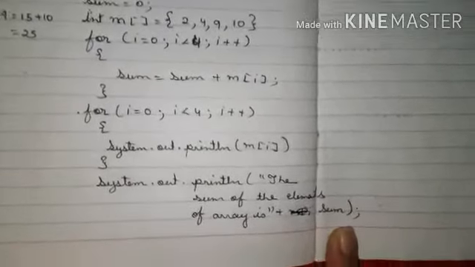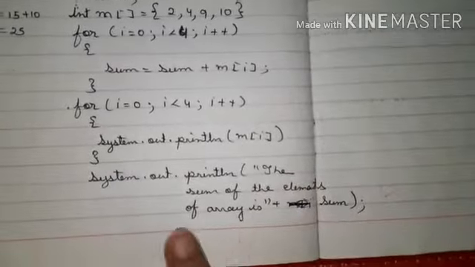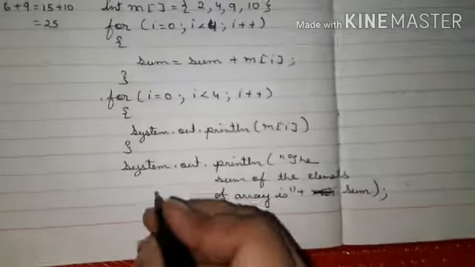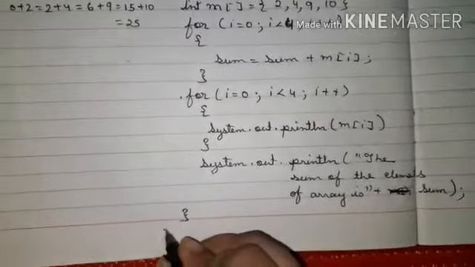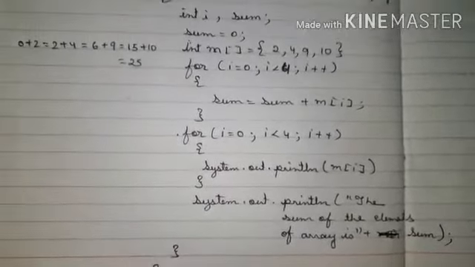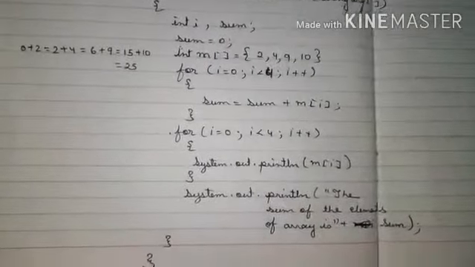So we are going to display: the sum of the elements of the array is sum. Now we will close the main method and the class, and write the variable description of sum and i.